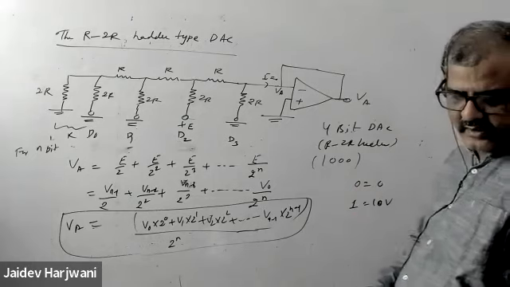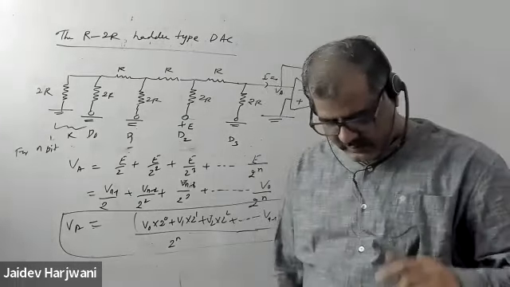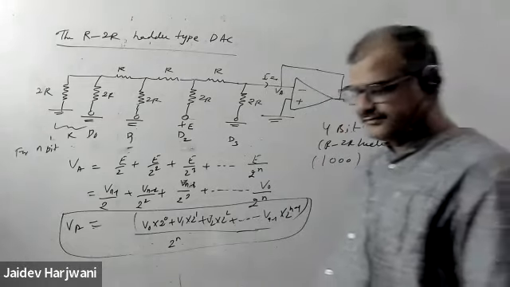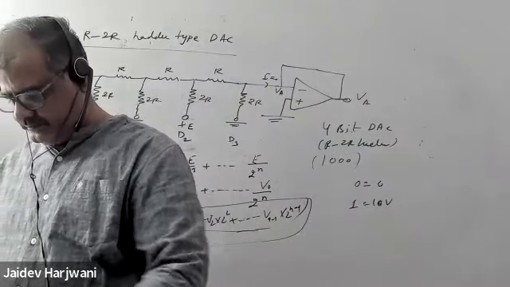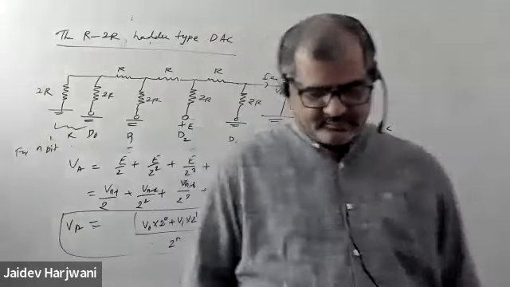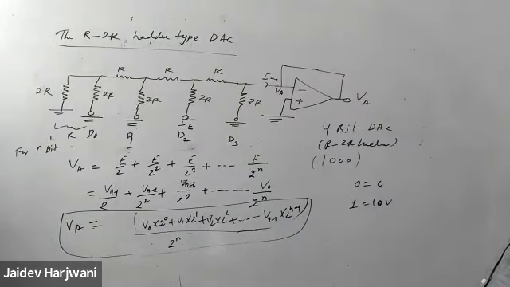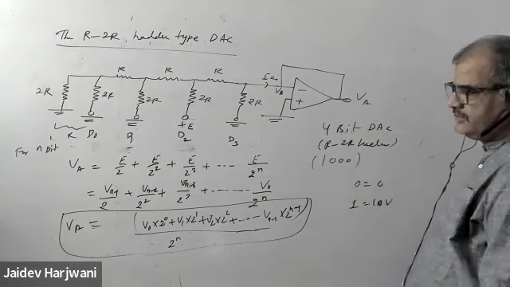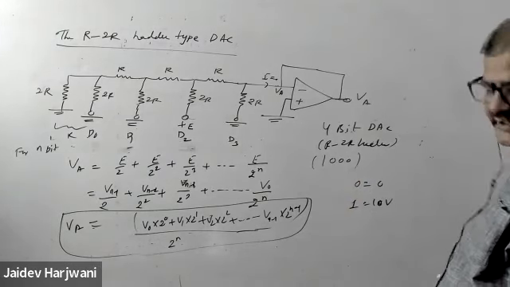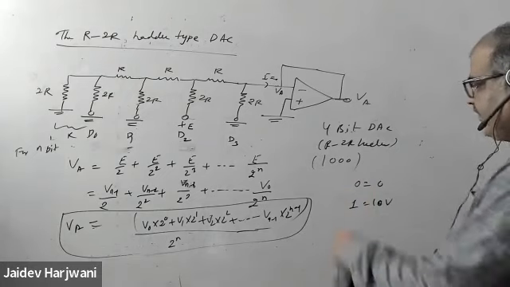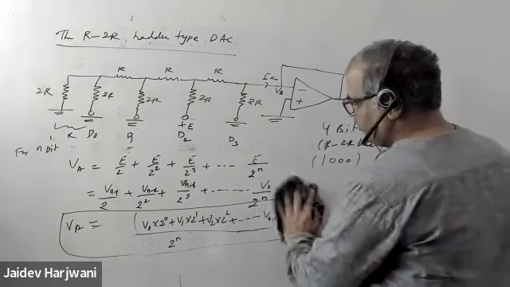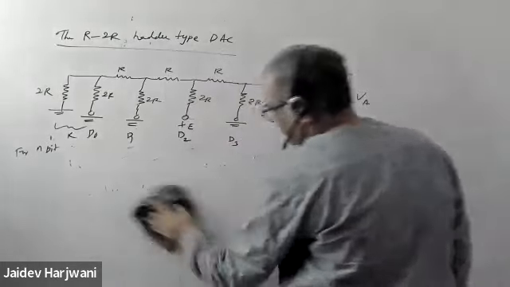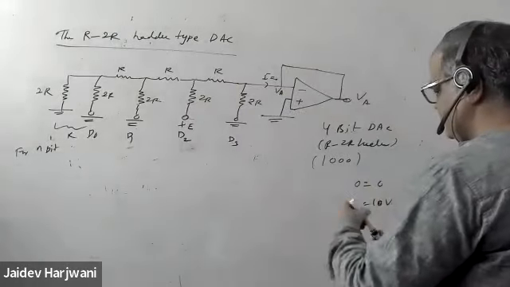How much will it be? It is a four bit and you want this given. So what will the answer be? This should be done in 1 minute. You want the weight of MSB. What is the weight of MSB? E/2 always. Just now we have calculated. 5 volt. 5 volt will come.